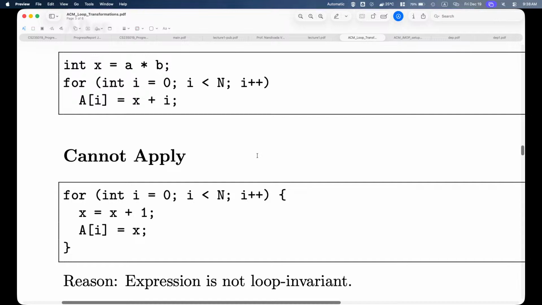Correct. Jayashree is suggesting, why don't we try this? If I do z equal to y plus 2 and write z equal to z plus I, what will happen?